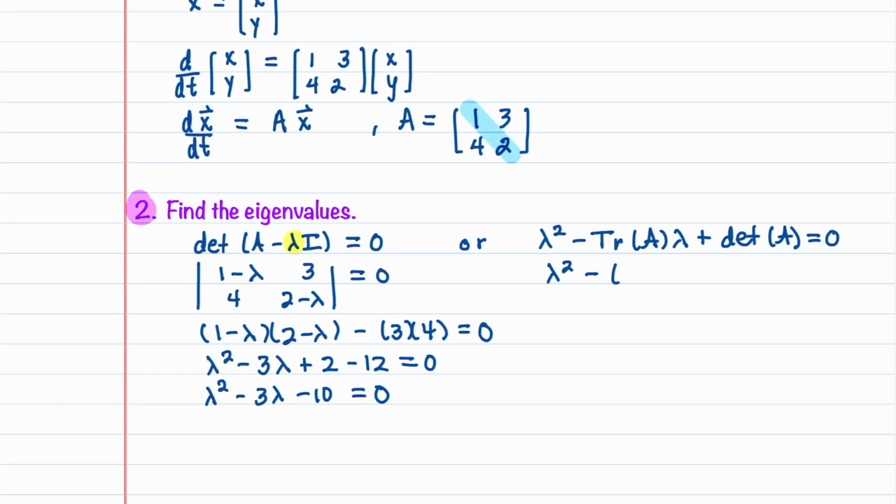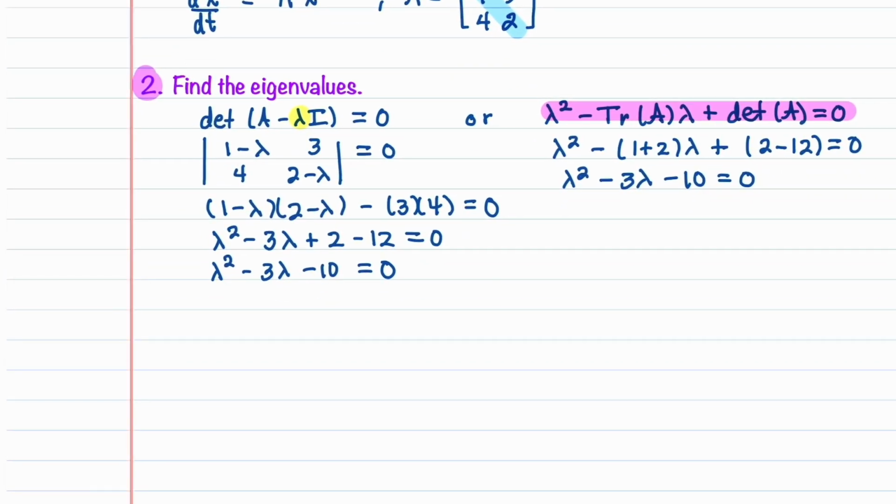So this is going to be 1 plus 2 times lambda, and then we have the determinant of A, which is going to be the main diagonal elements multiplied, so that's 2 minus 3 times 4 gives us a minus 12, and that's 0. So we get the same equation, lambda squared minus 3 lambda minus 10 is equal to 0. I think this is easier, but the hard part is you have to remember this equation right here.